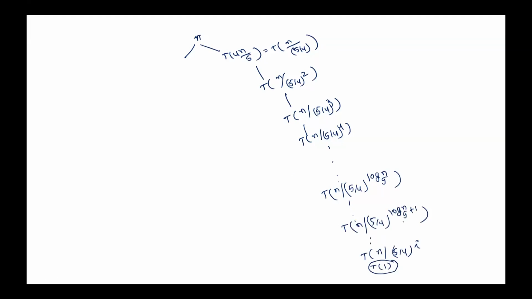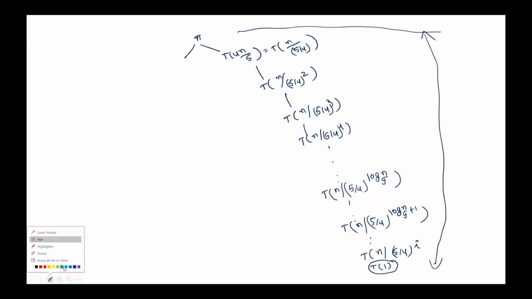Is it clear, whatever I have written? Yes, sir. When i is log n base 5 by 4, then it will become 1. So from here to here, if we take height, how much do we get? Log n base 5 by 4 plus 1.